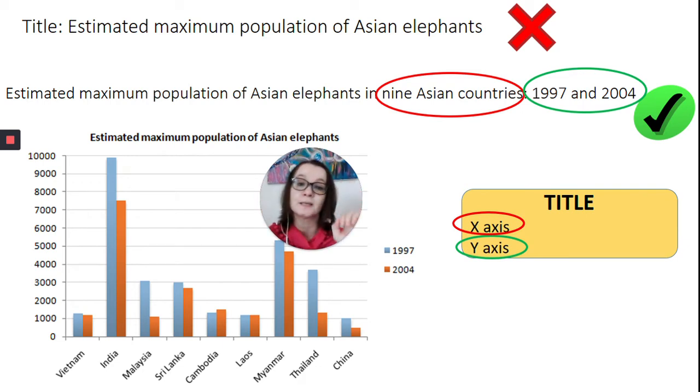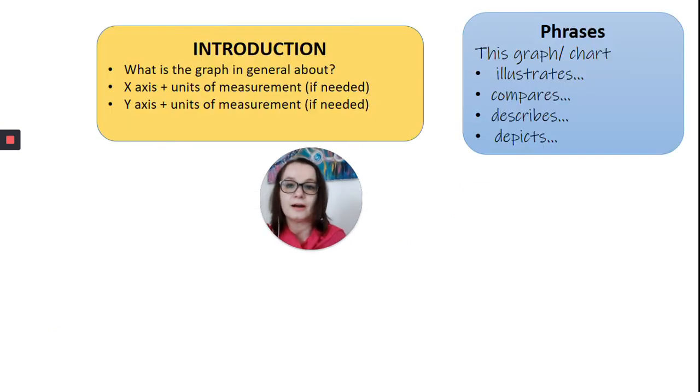All right, what about the introduction? The introduction is very similar to the title. That's why we're talking about them together. Just like the title, it includes the information about X and Y axis. However, it starts with a general sentence, just like a topic sentence that shows what the graph is about in general, what it shows in general, right?